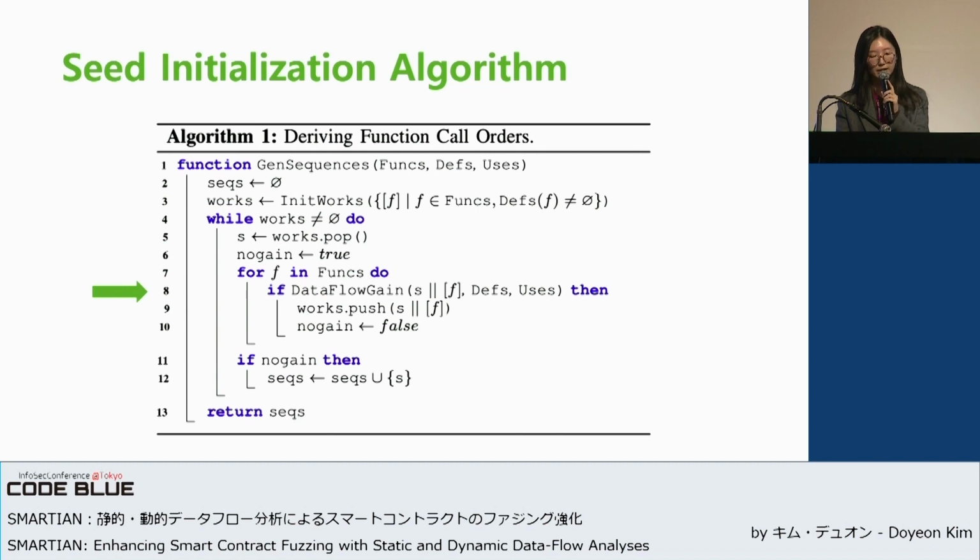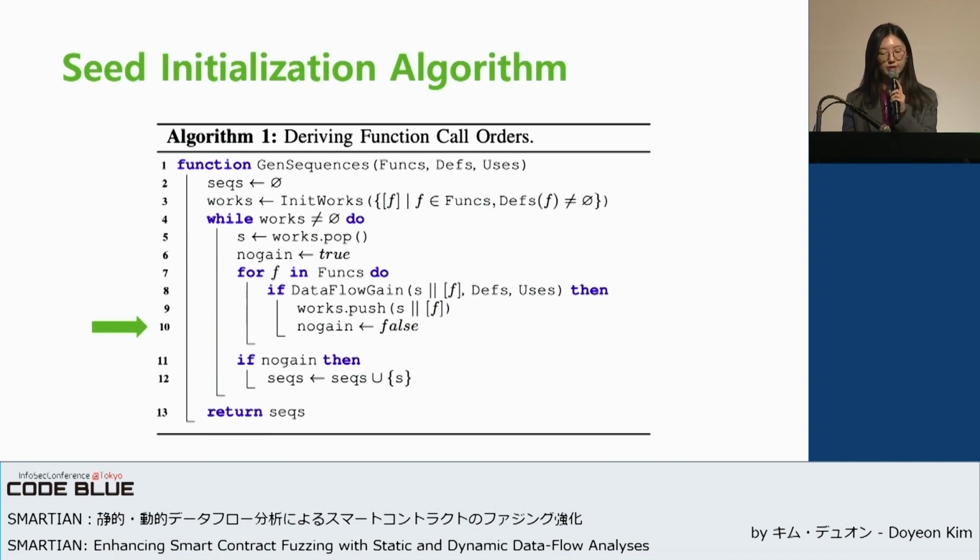We then examine each of the generated sequences with dataflow gain to decide which sequence covers a previously unseen data flow. Line 9 pushes such a sequence to the work list and internally removes redundant entries for greater efficiency.